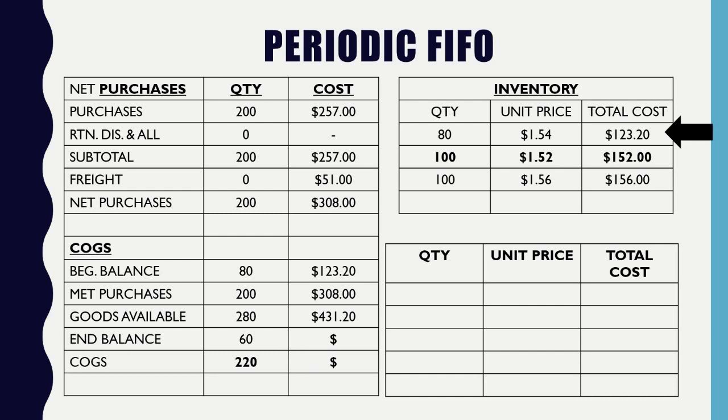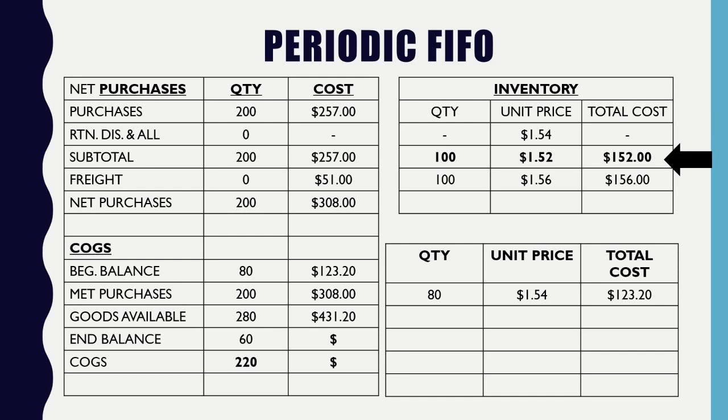In this case, we take our first 80 units and get rid of them. Our goal is to sell 220 toys, and my first batch of inventory, a total of 80, is already gone.